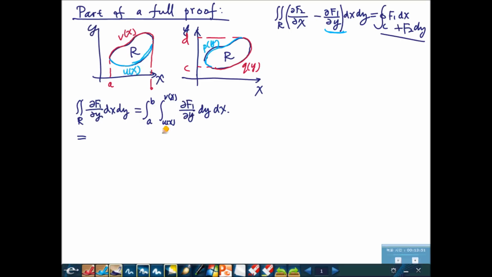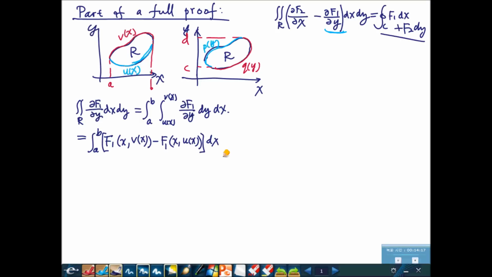The inner side gives f1 of x comma v of x minus f1 of x comma u of x, dx.